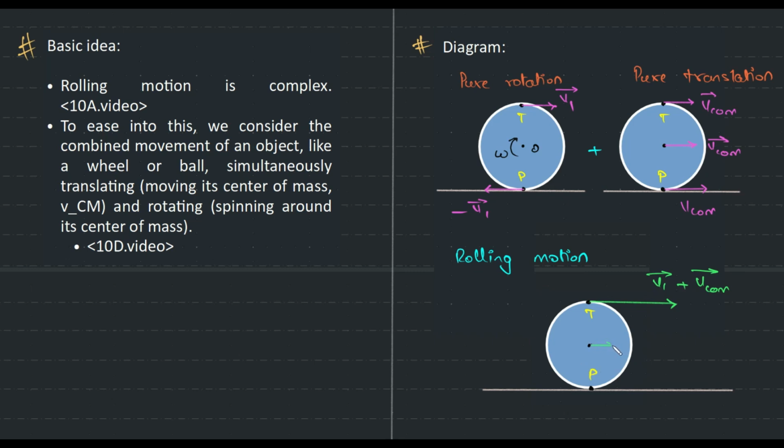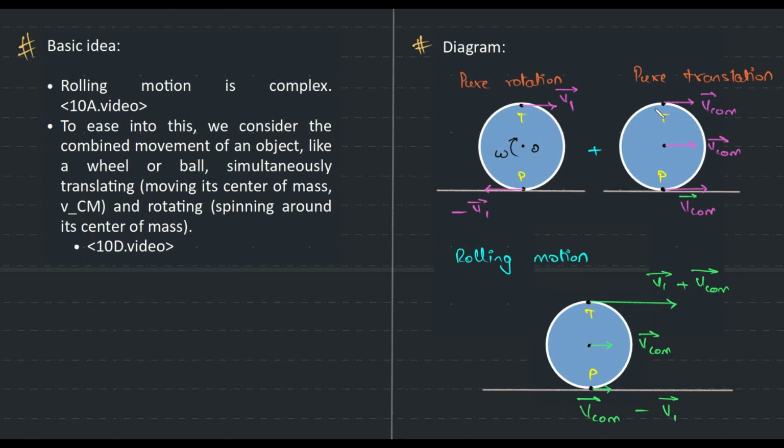Again, I'm just adding velocities, guys, nothing fancy. And over here at point P, we might have some velocity, but it would be a difference of V com minus V1. You guys agree? So this would be the case.